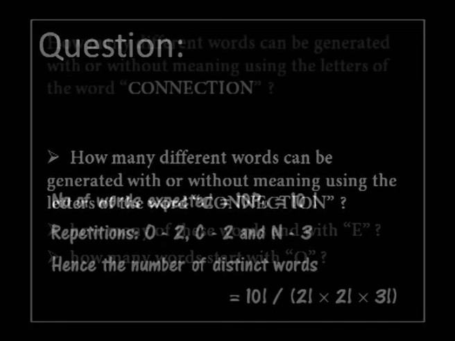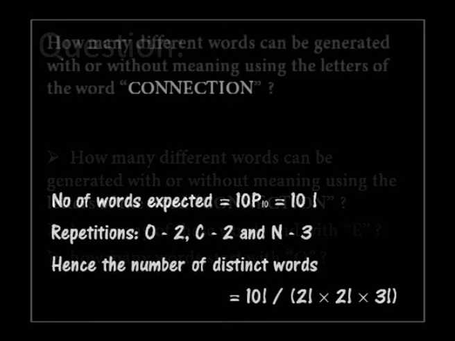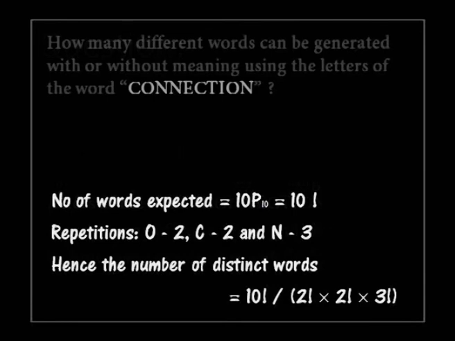Out of these 10 letters, O is coming twice, N is coming 3 times, and C is coming 2 times.